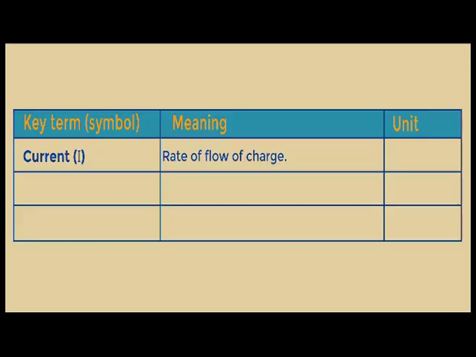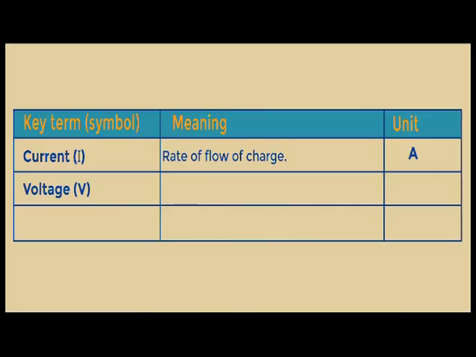What is the unit that we use to measure current? We call it amperes, and it is represented by capital A. Now, the second question in the recapitulation section is, what is voltage?